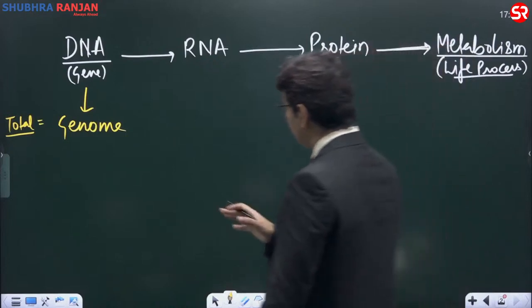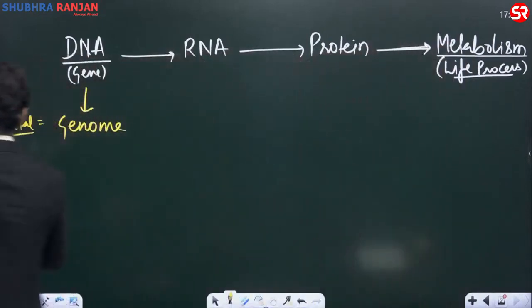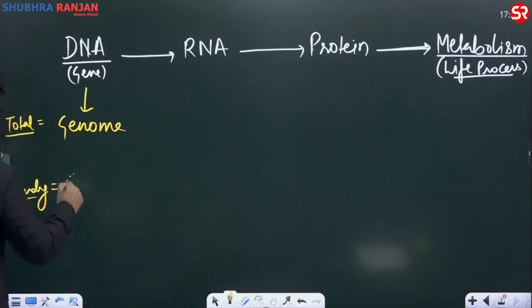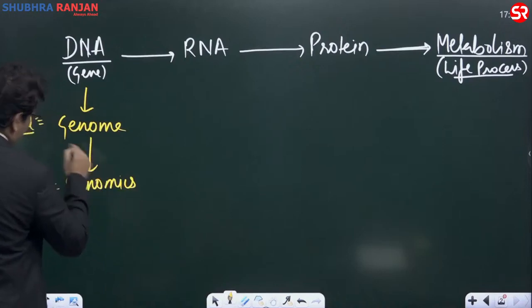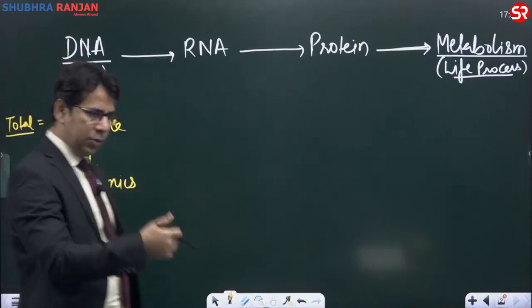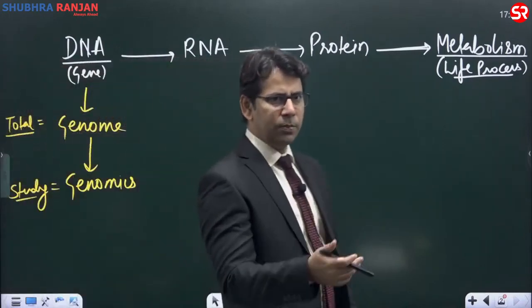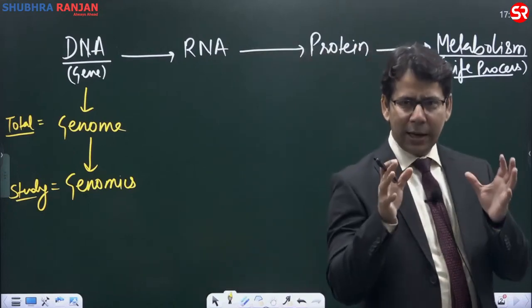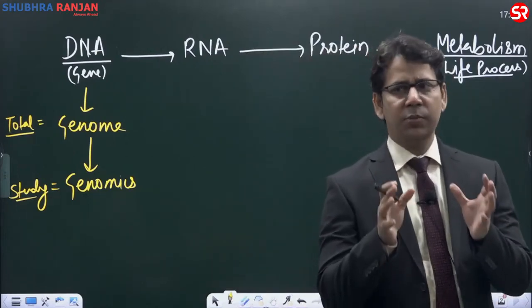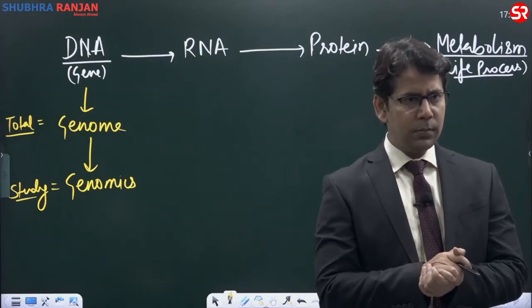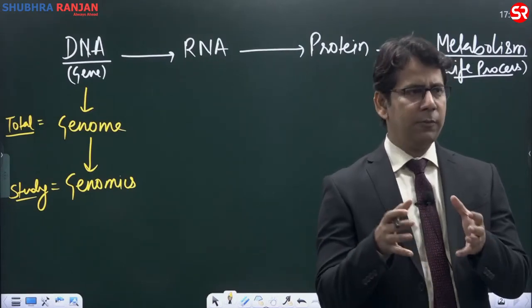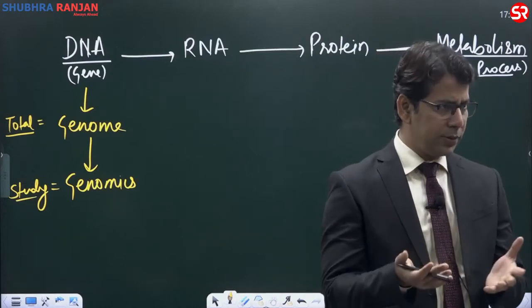And if we are studying the entire genome, then it is called what? Genomics. So now you understand what is genomics? The study of the human genome. What is genome? Genome is collective. I mean all the genes of a human being together are known as the genome. So all the genes, genome, and a study of all the genes together, that is known as genomics.